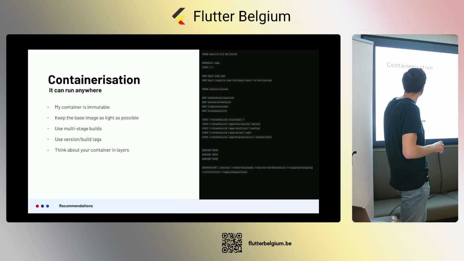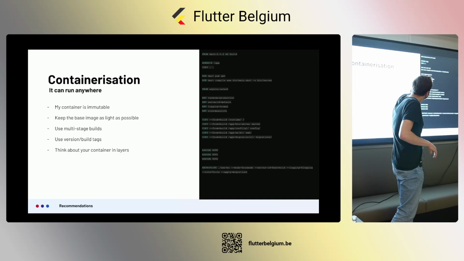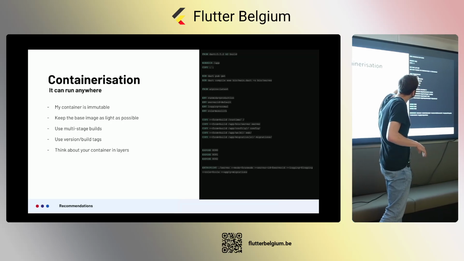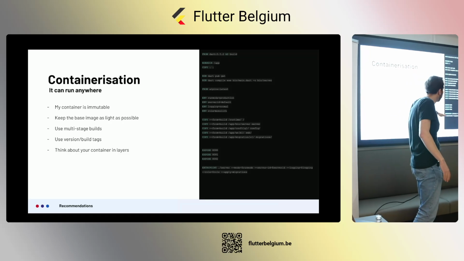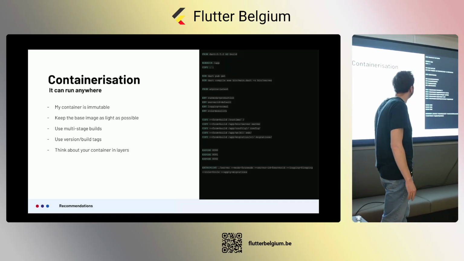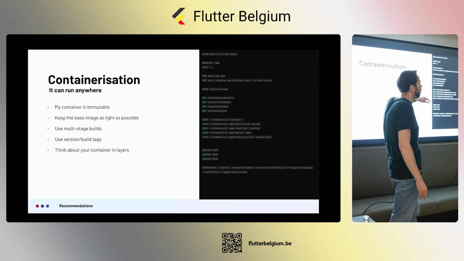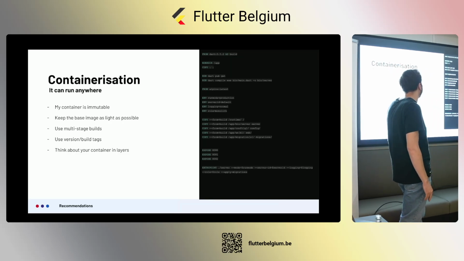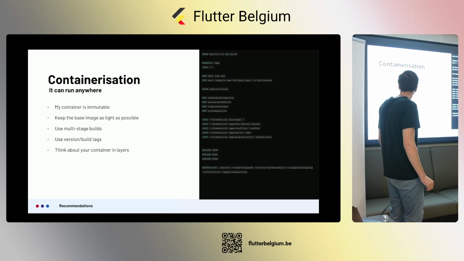Multi-stage builds, that's what you also see here. You see it starts from Dart, but then it goes to an Alpine. So it separates the compile and the actual running of the application into two separate pieces. This keeps your image much smaller. Otherwise, it needs to keep the full compilation.